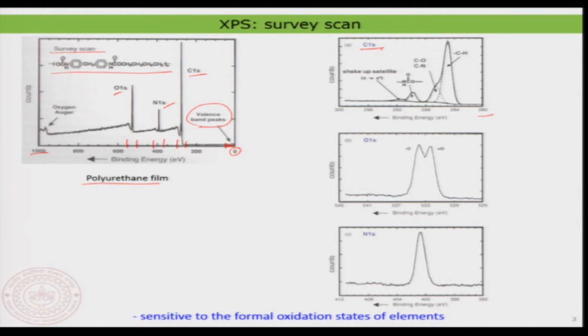Always in XPS analysis there will be a particular assignment like this, indicating it is the carbon 1s core level that you are looking at. Each core level will have a characteristic energy, but within the characteristic energy range you will also see multiple peaks depending on the type of carbon available in this particular case.